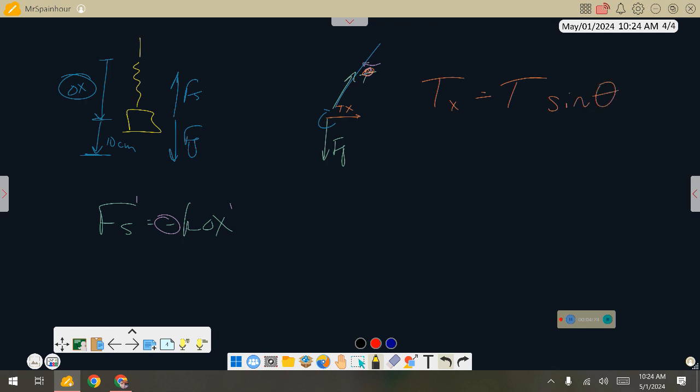Now, as I look at that equation, does it actually qualify for the force being proportional to the displacement? What is the displacement up on that equation that I've given? What is the displacement from equilibrium you see on that equation? Sine.